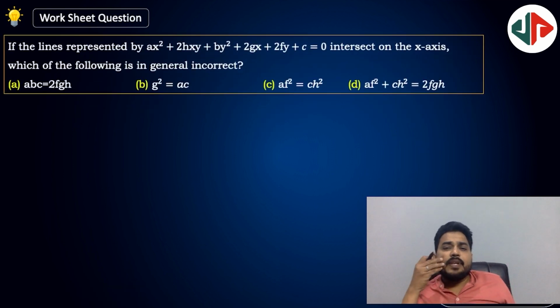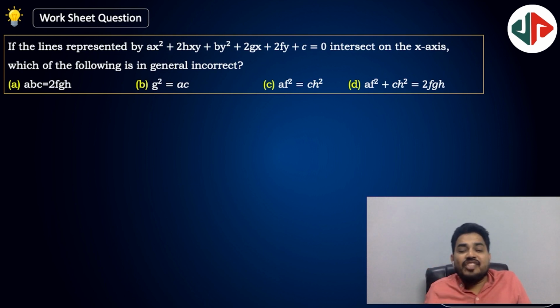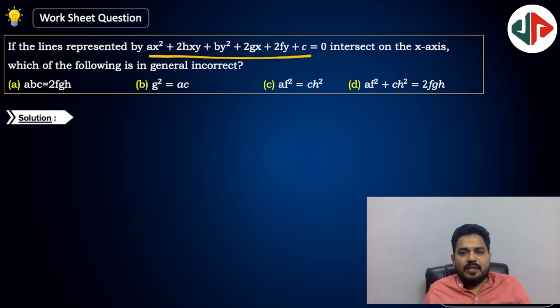If the lines represented intersect on x-axis, which of the following is in general incorrect? So if these are going to intersect on x-axis, that means y is equal to 0, because the point intersecting on x-axis means the point is alpha comma 0.